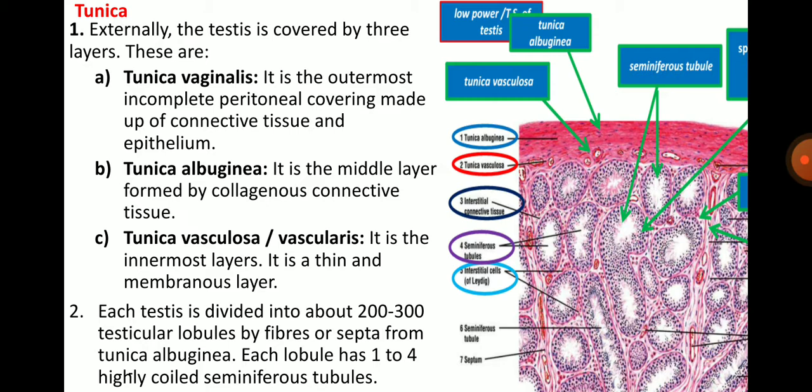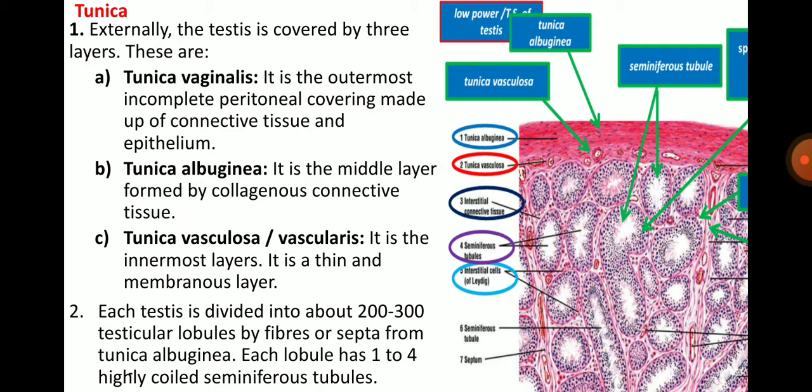Apart from that, you can mention each testis is divided into about 200 to 300 testicular lobules by means of connective tissue fibers or septa from the tunica albuginea. The tunica albuginea at the posterior end of the testis is thickened to form a structure called the mediastinum testis, from which the connective tissue septa radiate into the testis and divide it into several pyramidal lobules.